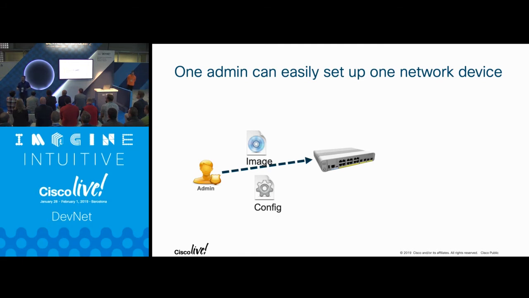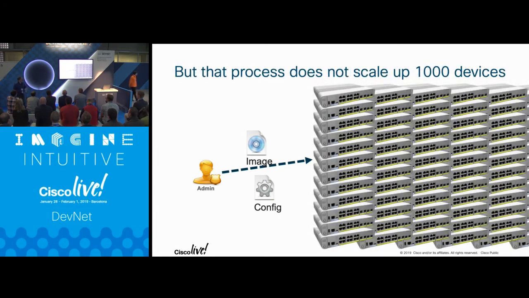You get a box, you either send a resource on site or you bring it into your house, your office, you put the right image on, you put the right configuration on, and then you either connect it or you ship it to its destination. You do these one at a time. Typically, it's a very manual process, and of course, that means it's very error-prone, right? It's hard to repeat. It's hard to scale. How do you scale that process when you're looking to do thousands of devices instead of I just have one to replace or one to turn on, right? So there's the problem statement we need to start tackling.